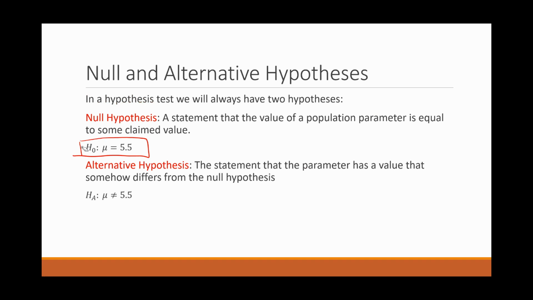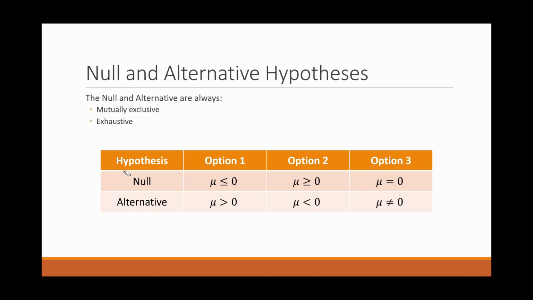So if we're going to say that our null hypothesis is that wages in the United States are equal to $5.5 per hour on average, then the alternative hypothesis is that wages on average are not 5.5. So null and alternative hypotheses are always mutually exclusive and exhaustive.